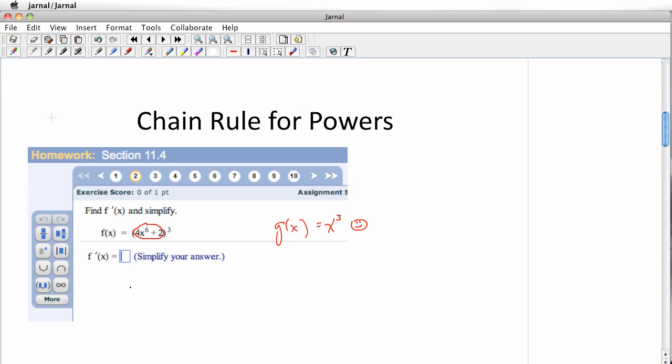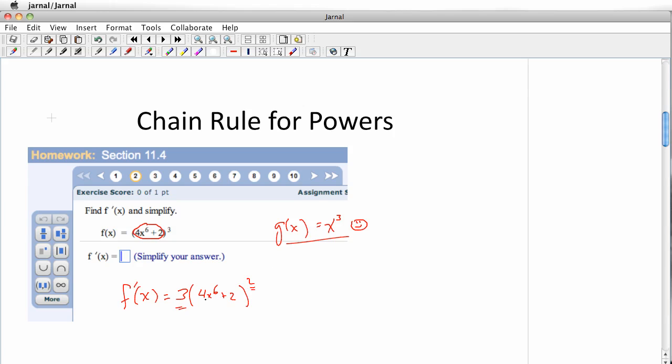Well, the chain rule says that I should just follow the x cubed rule. So the rule that would have gone with x cubed would have been to bring the exponent 3 out in front, and then to reduce the power by 1. Now I don't change what's inside. Whatever stuff was in there is still in there. But I'm using the cube rule.